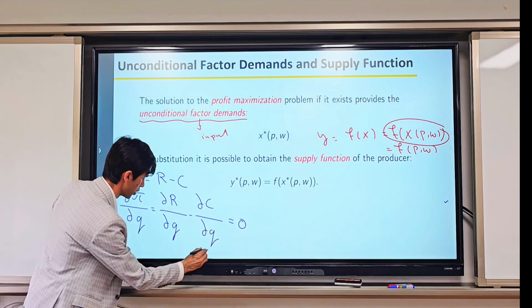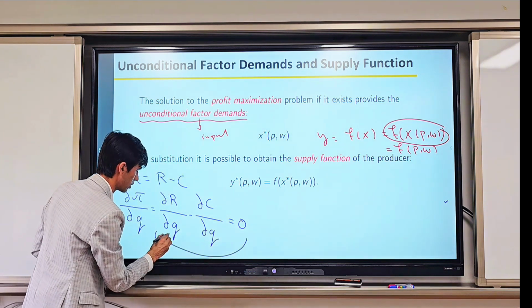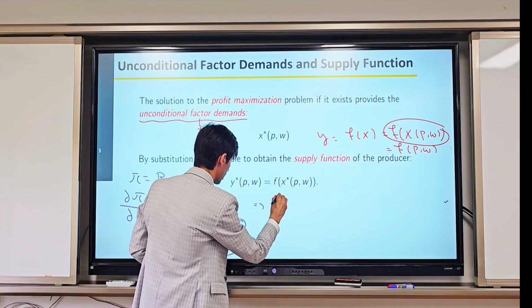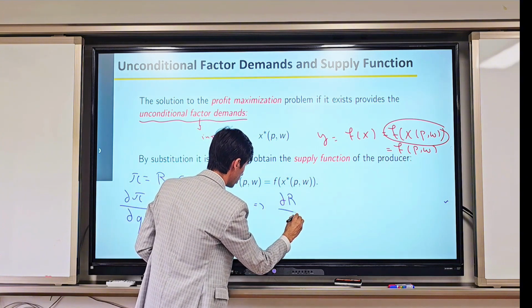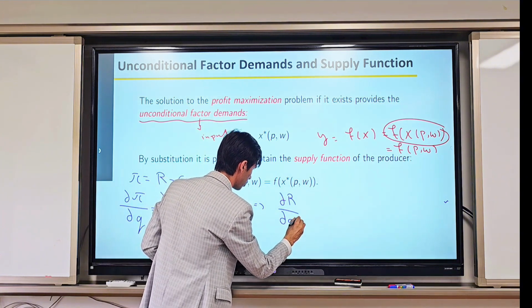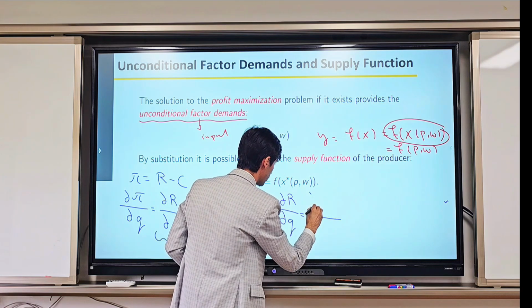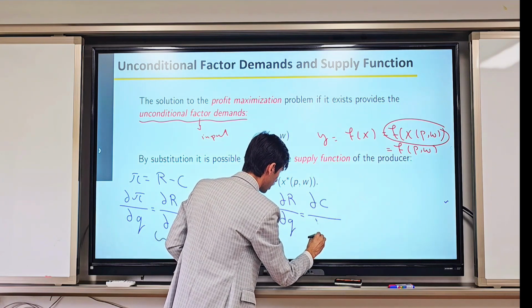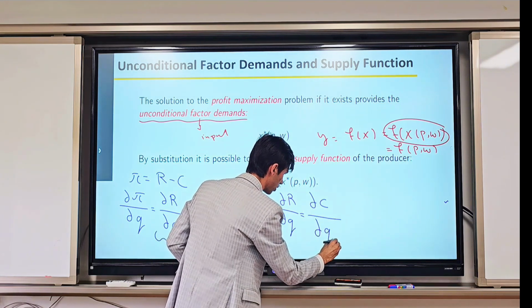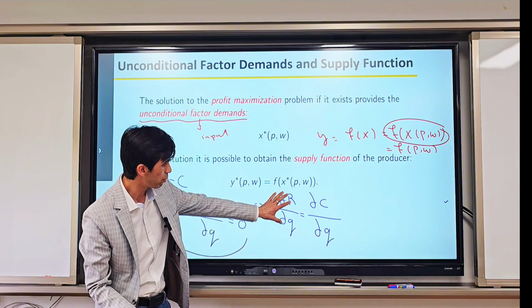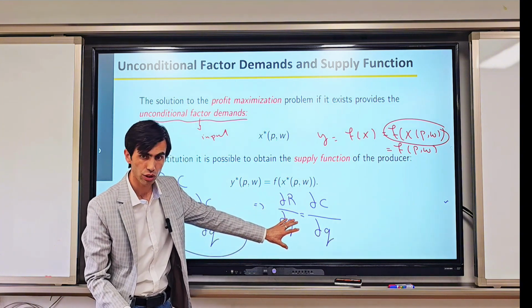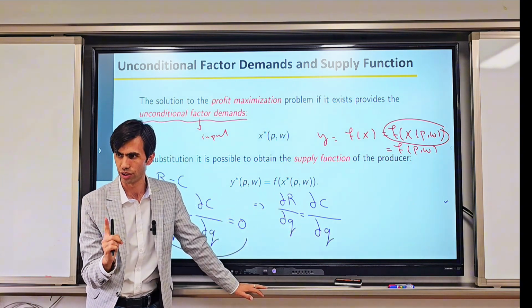Then we have this equation: the partial derivative of revenue with respect to quantity should be equal to the partial derivative of cost with respect to quantity. And we know that the partial derivative of revenue with respect to quantity is marginal revenue.